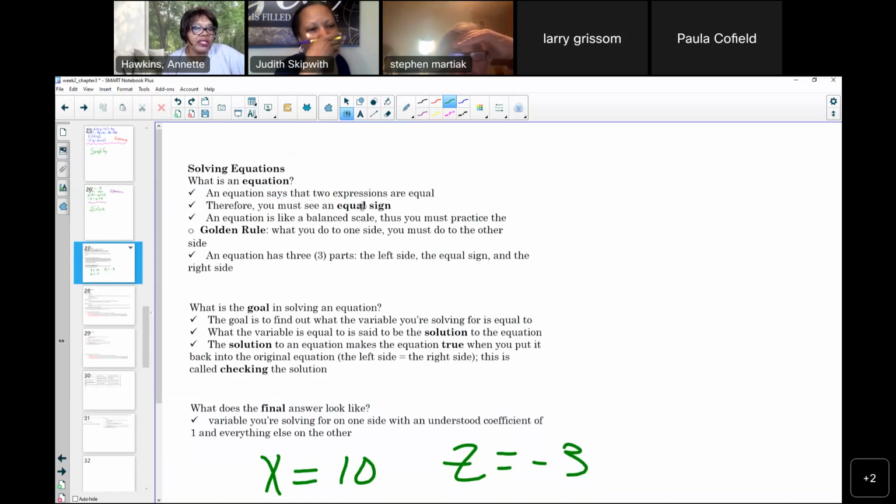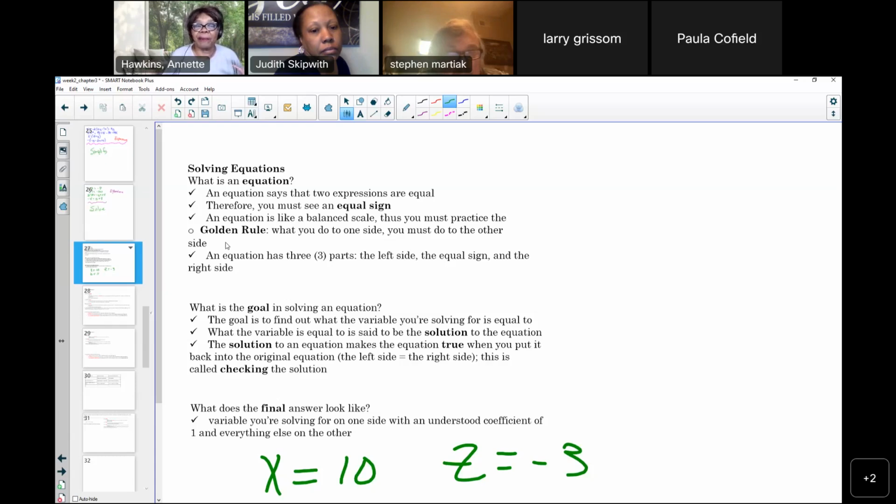An equation is like a balanced scale. So let's take a few minutes and think about a balanced scale. A balanced scale is balanced on both sides. Now, you always have to practice the golden rule with the equation. What you do to one side, you must do to the other because you have to keep that scale balanced at all times. So if I take something off the left, I have to take something off the right.